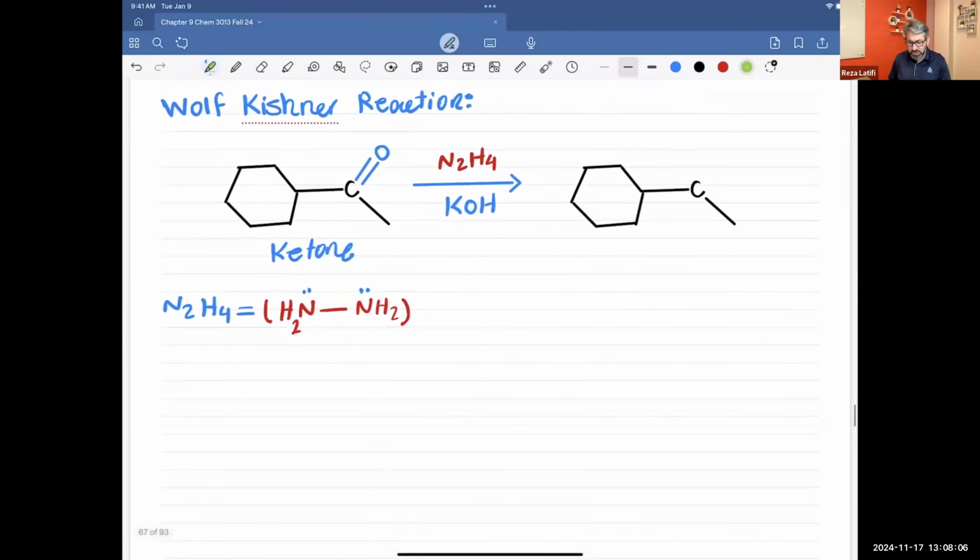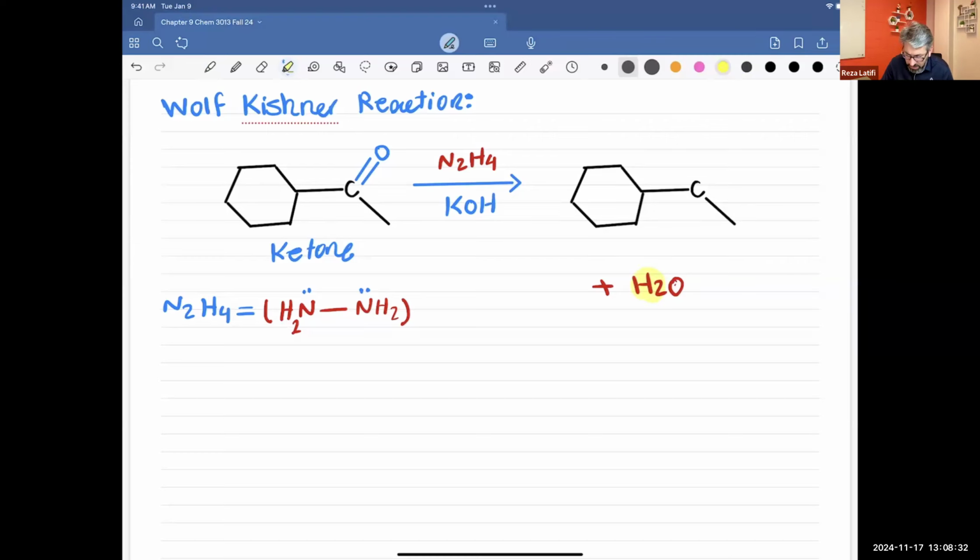The next mechanism, you can use under a strong basic condition like potassium hydroxide, and simply the carbonyl group will give up the oxygen, and the oxygen will leave the system as H2O. Okay, where do I get those two hydrogens?